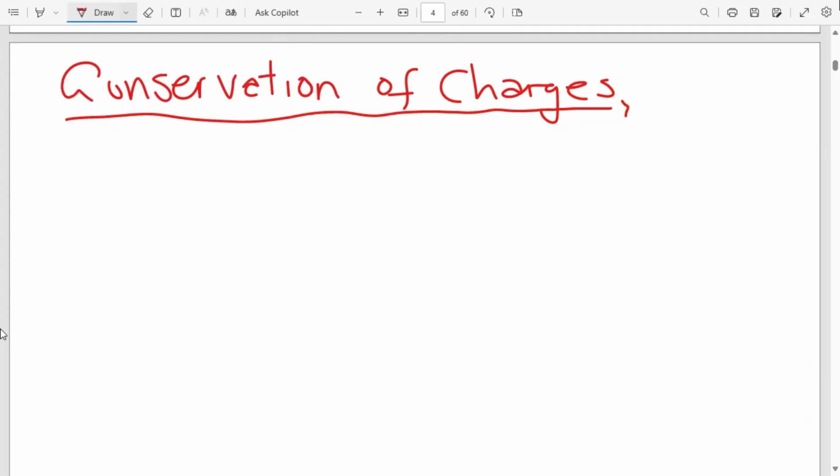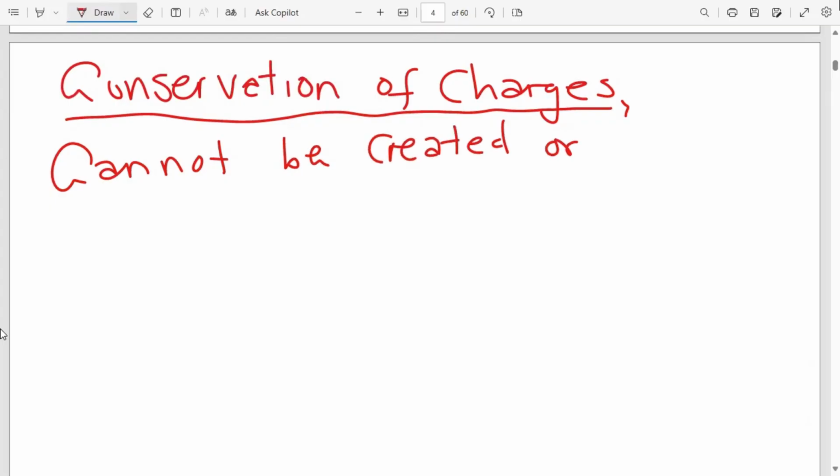The law of conservation of charge tells us that the charges we've been talking about cannot be created, nor be destroyed, but can only move from one place to another.